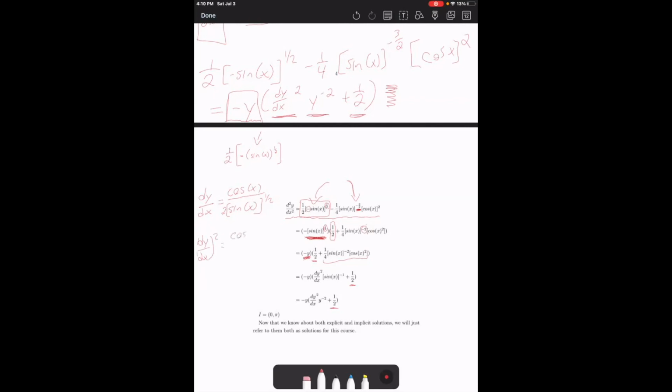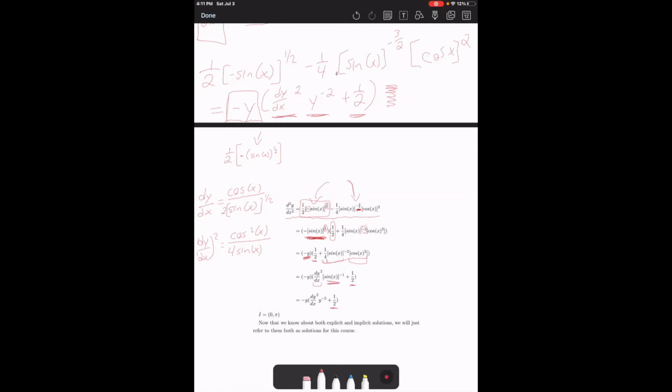We would get cos squared x divided by 4 sine x. So you can see we have a cos squared x, we have divided by 4, and we have a sine x. So if we factor out dy dx squared, all that remains is sine x to the negative 1.